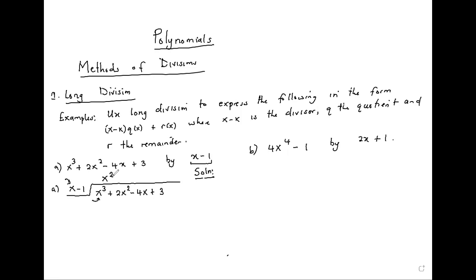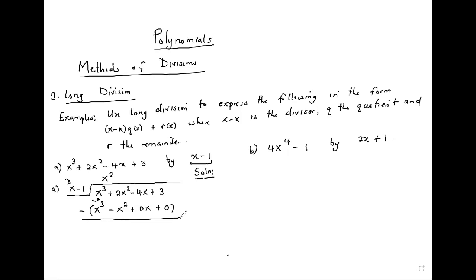squared. And then you multiply now x squared by the whole divisor. So x squared times x, we get x3. And then x squared times -1, we get negative x squared. And then I can put 0x plus 0 to avoid any possible error, and then subtract this whole thing from the dividend.